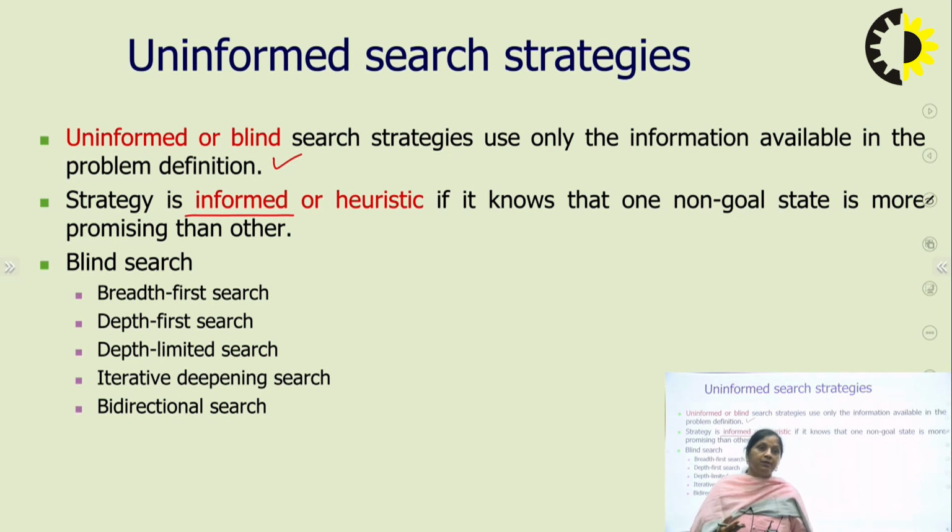So there is some information, that is informed search, which is also called heuristic, because the information is given in some form that generally we call heuristic. So we also call it heuristic search.